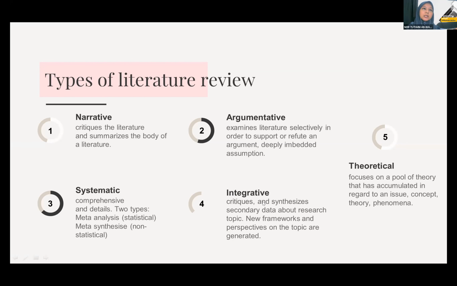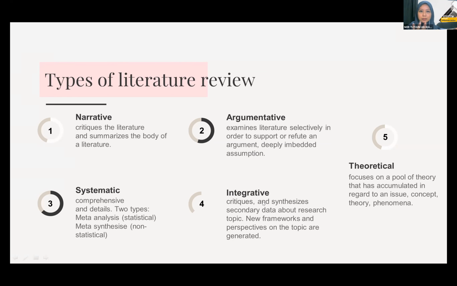Katalah contohnya, I buat systematic literature review, okay, with regards to the big data, with regards to the employability, for example. And then you review my paper. Okay, review my paper and then you write down in the integrative punya styles. Okay, so means you review my data, which is means secondary data lah, sebab I dah review previous studies through my systematic literature review.